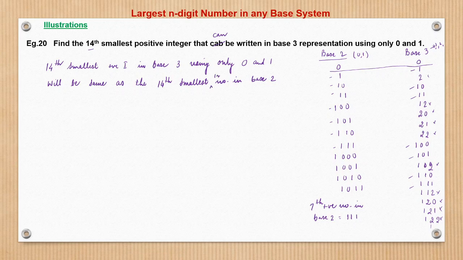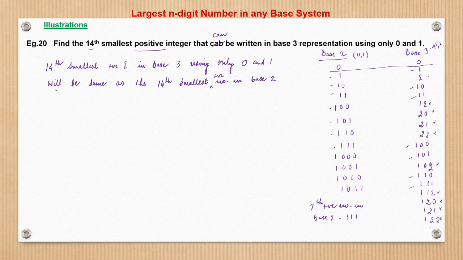Here positive numbers exclude 0, or you can include it and it becomes the 15th. Since the question says positive, we limit ourselves to positive numbers only, right? Because the seventh number in base 3 using only 0 and 1 is 111, which is the same as the seventh number in base 2.